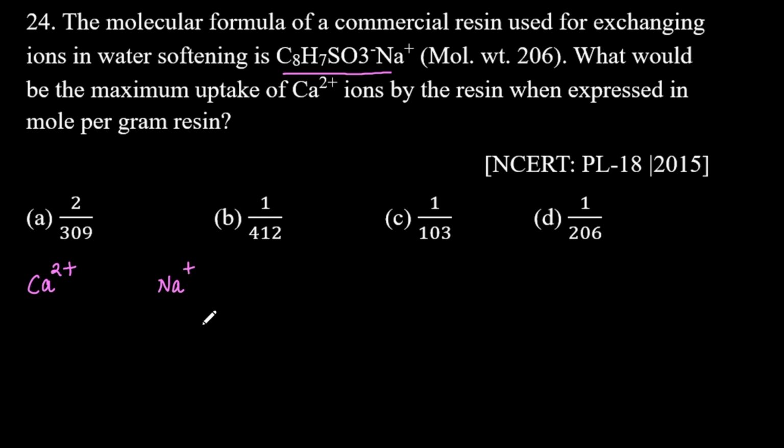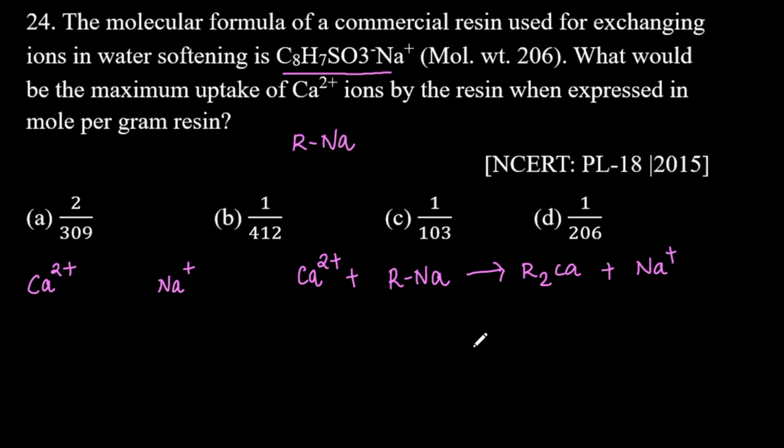So let us represent the sodium form cation exchange resin as RNa. If we write the balanced reaction for this exchange of Na+ for the Ca2+ ion, then the reaction is Ca2+, which is already present in hard water, is going to react with this resin RNa and it will form R2Ca, plus Na+ is released in the solution.